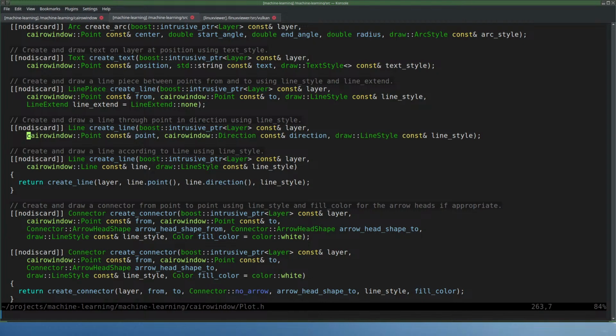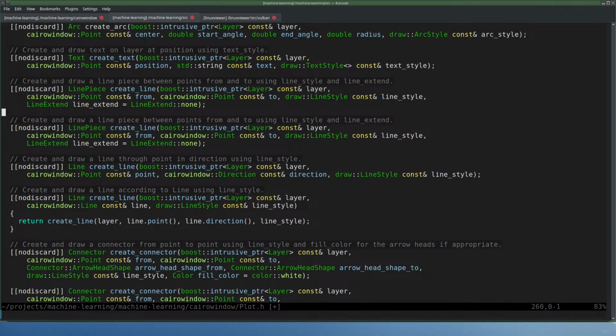Point direction, that would be a complete line. Create a line piece here. Can only pass 2 points. Yeah, duh. Just allow me to do a line piece.